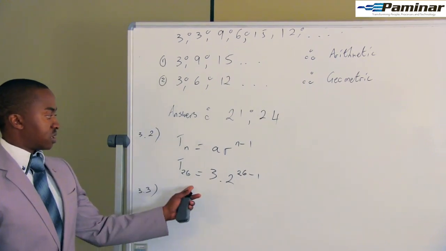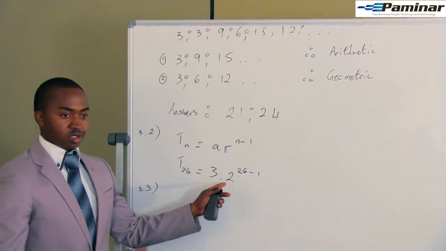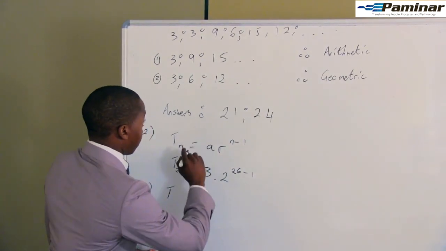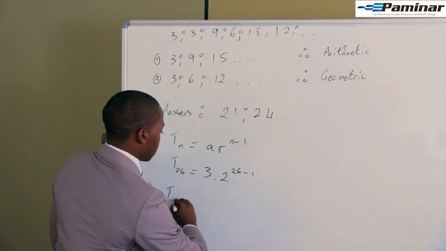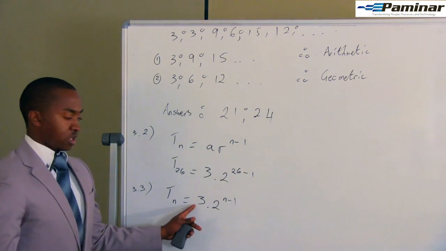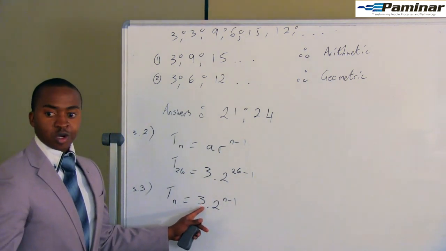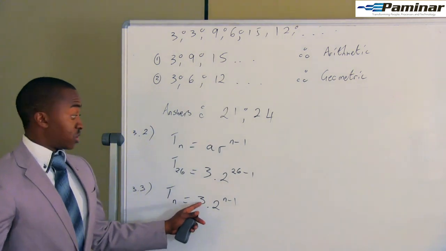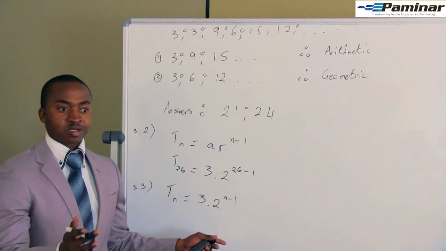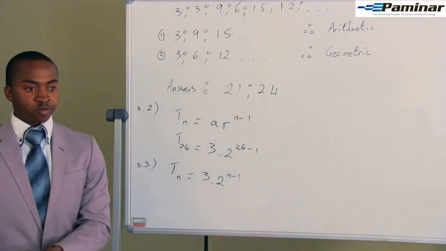Let's first look at this term. Can you see it's 3 times that? The general formula for the geometric part is Tn equals 3 times 2 to the n minus 1. Can you see there's a 3 there? The 3 will not go away. It will always multiply. So this is exactly what they say, divisible by 3. So that means the geometric part is divisible by 3.